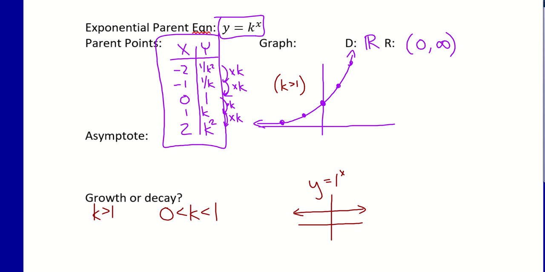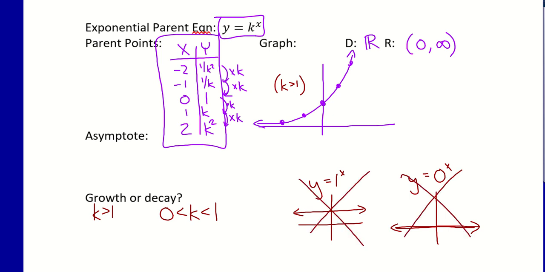That's a constant function. So k is not ever going to just equal 1. Also, if we had y equals 0 to the x, then 0 to any power is 0, except for 0 to the 0 power, which we'll leave for a rainy day. And so that's not exponential either. And the base is never going to be negative either. And so your base is always going to be either in between 0 and 1 or greater than 1, because these do not produce exponential functions.